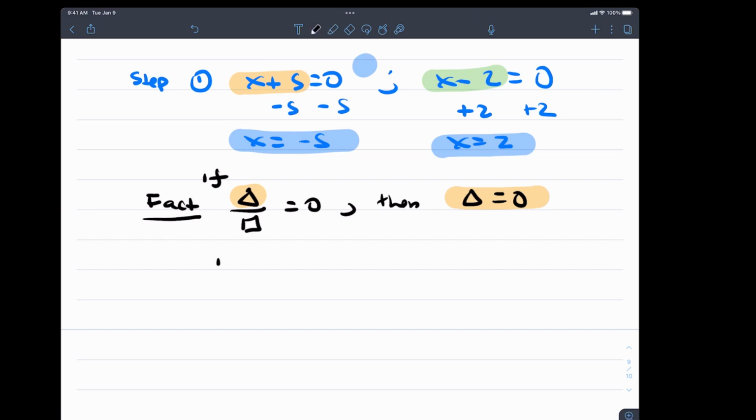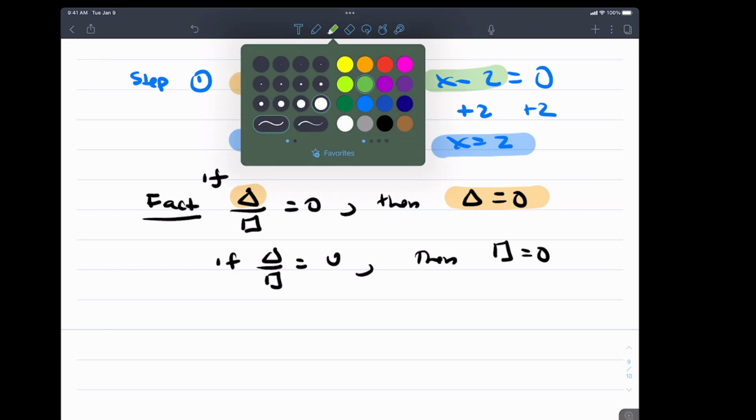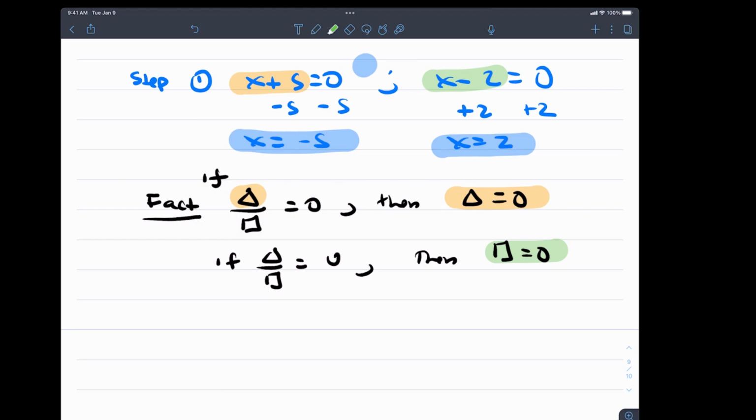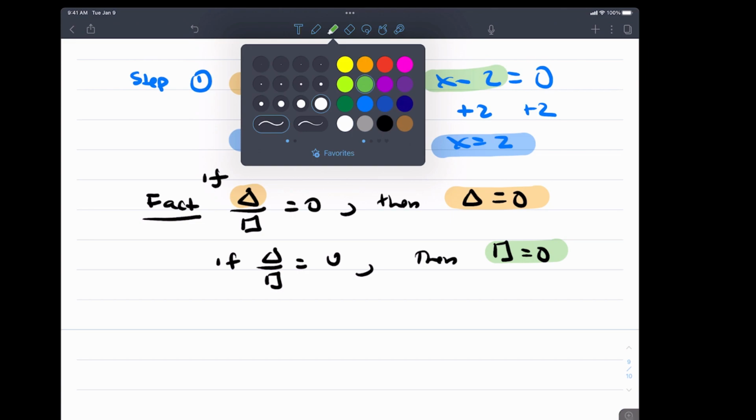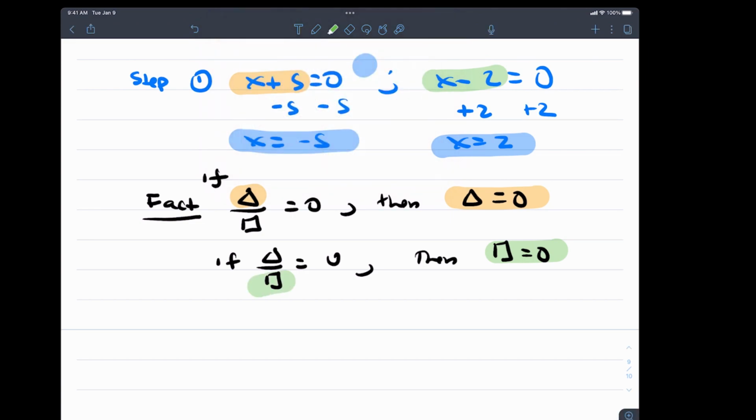And then you have this other situation. When is a fraction undefined? It's when that denominator is 0. So this is some important detail.